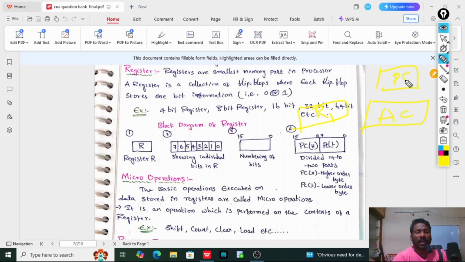Like this we give names to registers, and those names are written in a rectangular box; then it is called a register. Or we can show the individual bits in that register, like 0 to 7 if it is an 8-bit register.